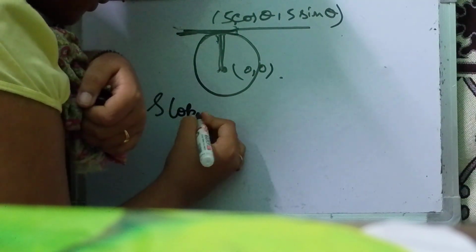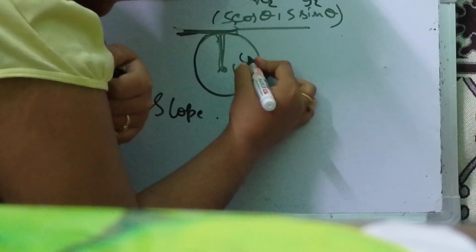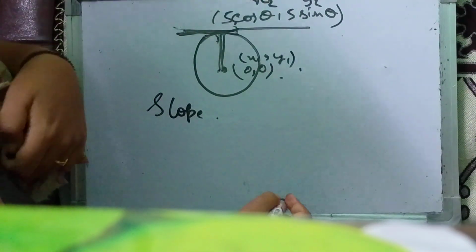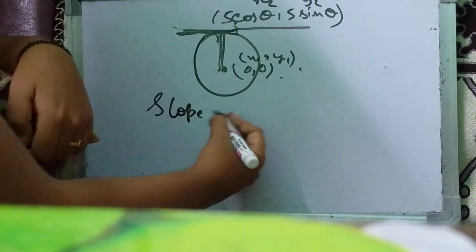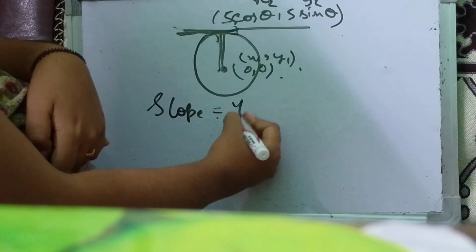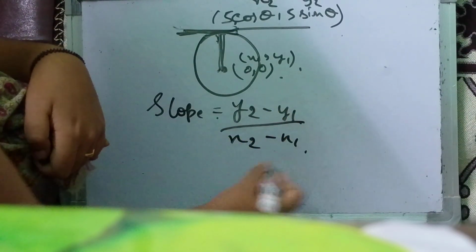This is x2, y2. This is x1, y1. In order to find the slope, the formula is y2 minus y1 divided by x2 minus x1.